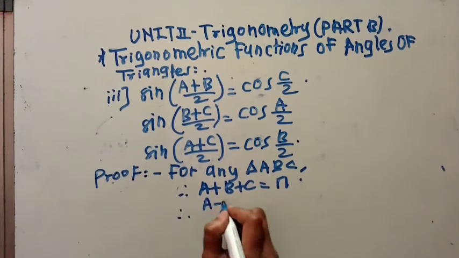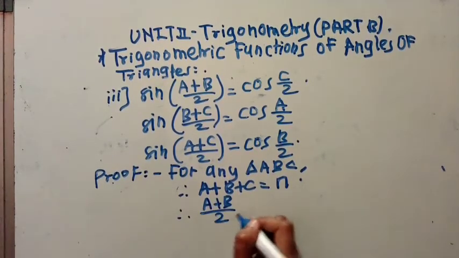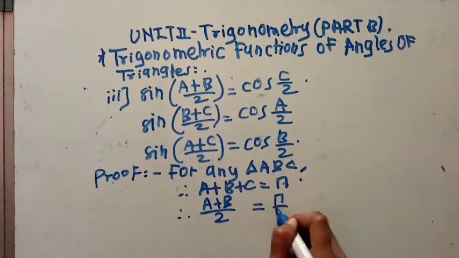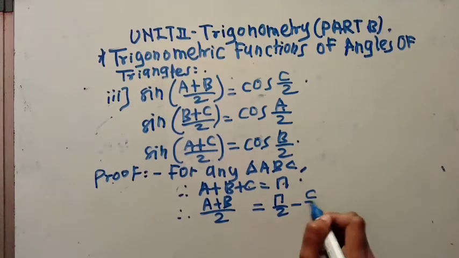Hence (A+B)/2 is equal to pi/2 minus C/2.